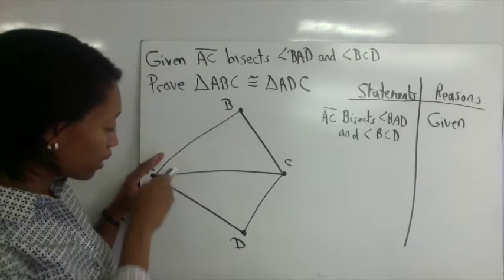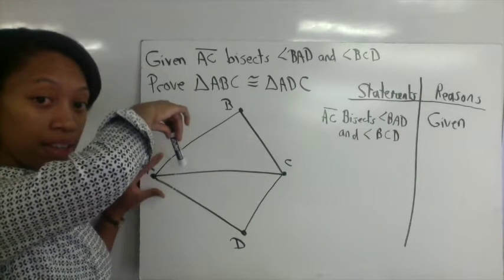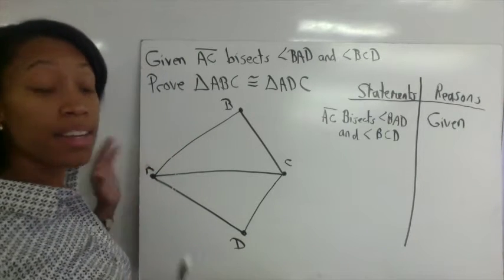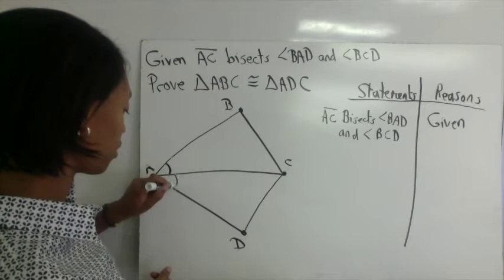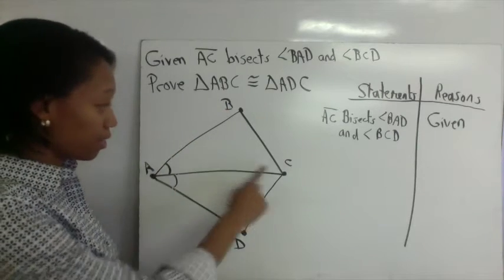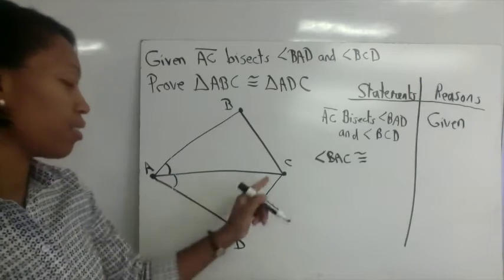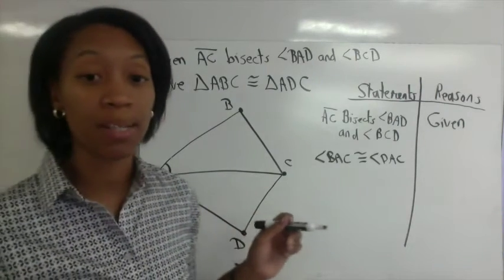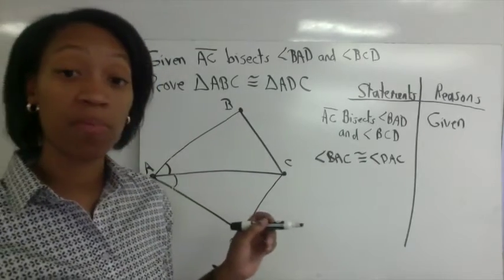So that means that this piece on top must be equal to the piece here on the bottom. This piece and this piece must be equal if it's been bisected. So let's mark that. This one is equal to this one. Let's name that angle. That would be angle BAC is congruent to down here, angle DAC. Okay, and the reason that we know that those two are equal is because it's a bisector, right? So that's going to be definition of bisector.